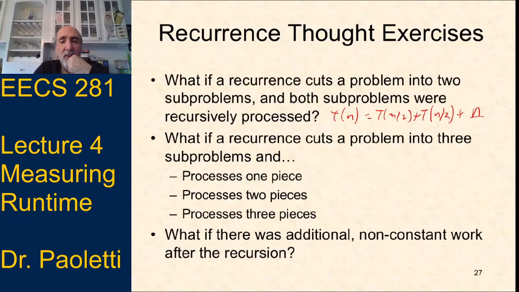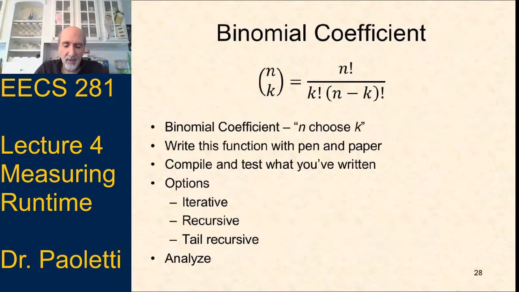When we do this, we could write all these different equations down and solve each of them one at a time using substitution, but the master theorem will give us an easier way to do it in many cases. Not every case, but a large number of them.